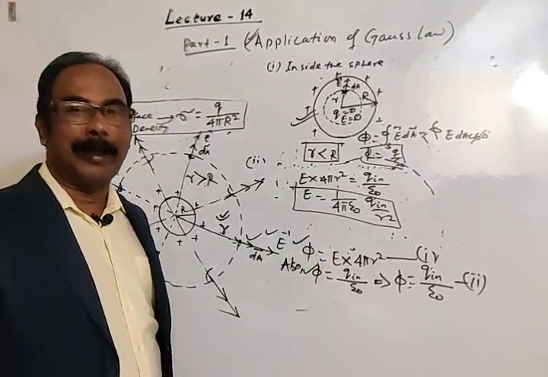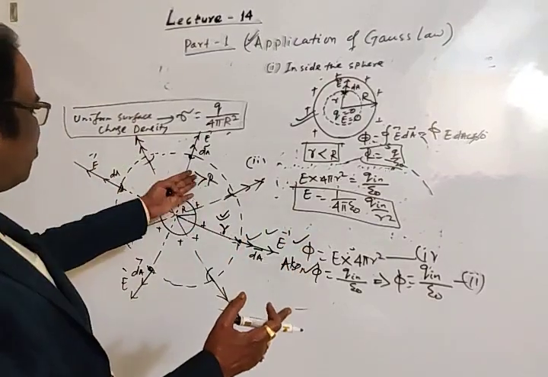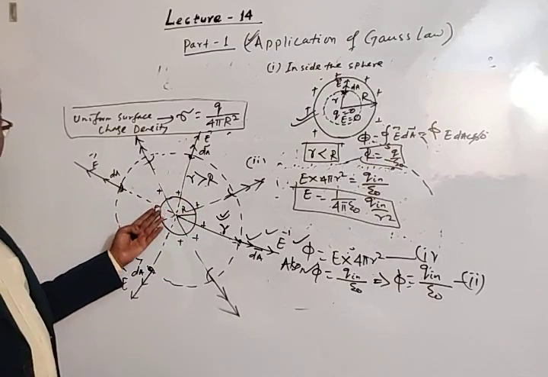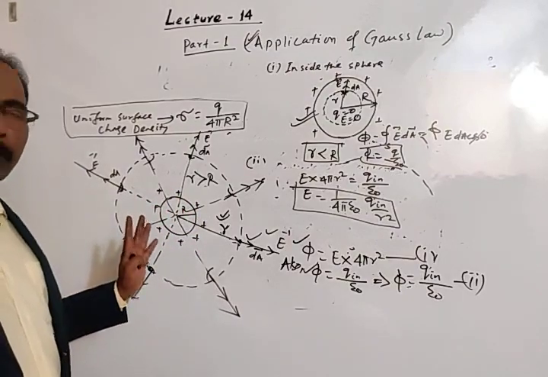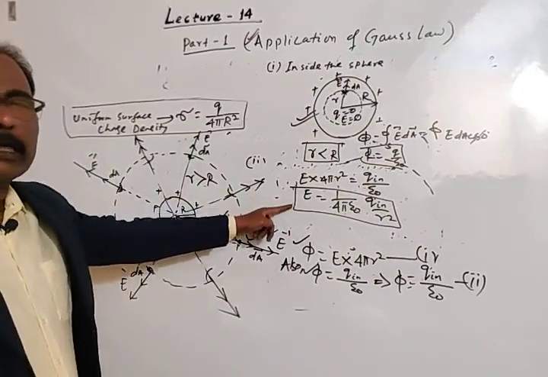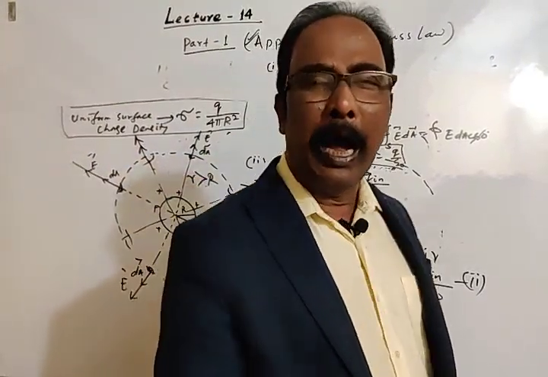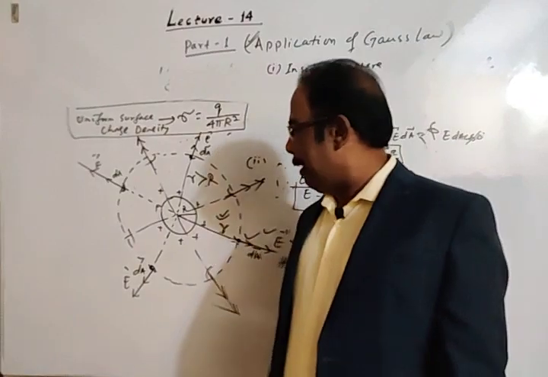But here, the charge is distributed on the surface. This is not the case of a point charge, but we got the same result as in the point charge case. Then how can we imagine it?